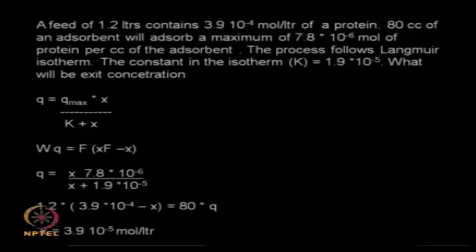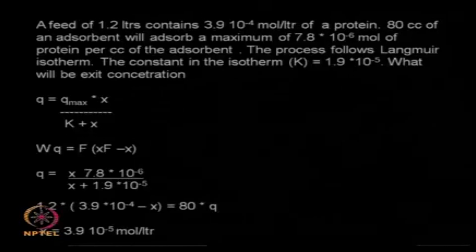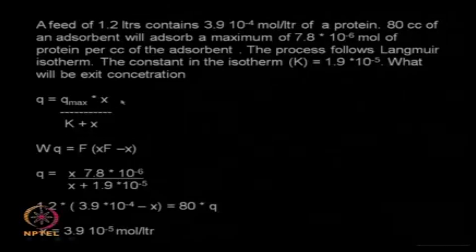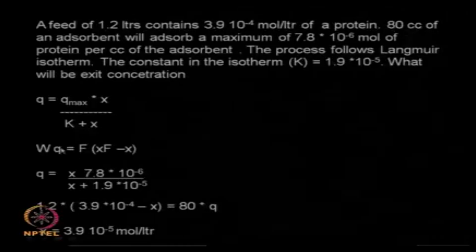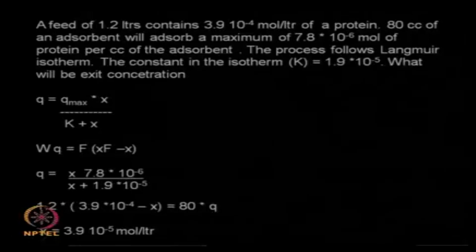So W into Q, where W is the amount of adsorbent we are taking in, that is given here, 80 cc. Q is the concentration of the adsorbate that has been taken up by the adsorbent.